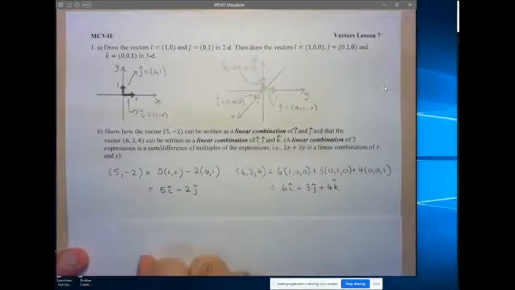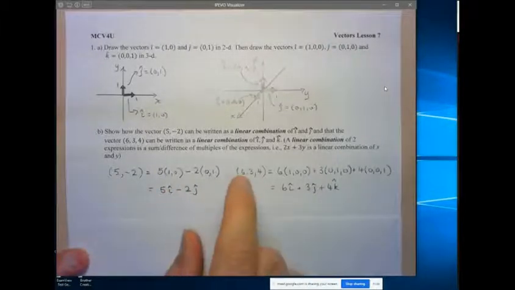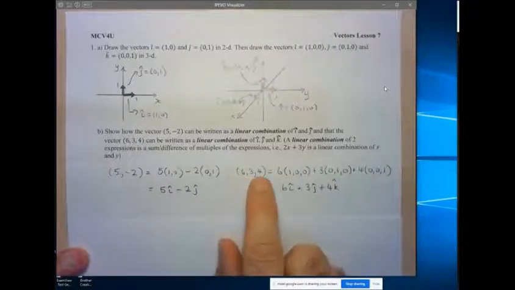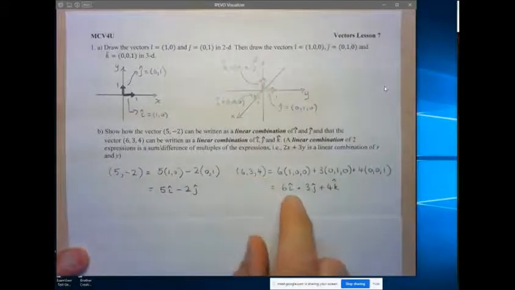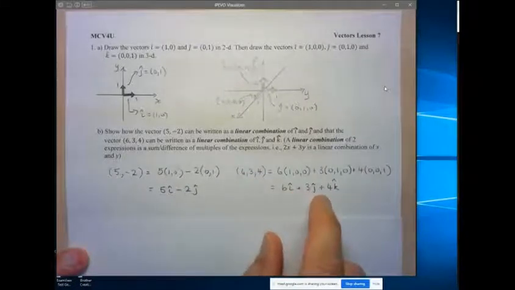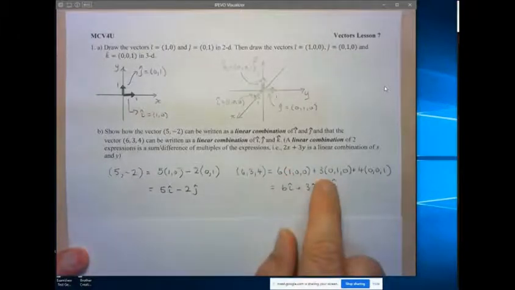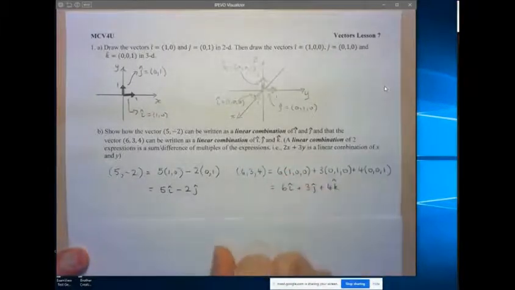Now we just talked about the vector properties in 2D, but as we're going to see in the next question, these properties in 2D extend to 3D. So you can write the vector (6, 3, 4) as 6i plus 3j plus 4k. Essentially, you're applying the same rules to 3-dimensional vectors as you did to 2-dimensional vectors.